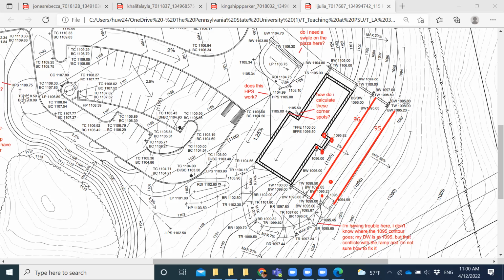You don't need to be that high. You can just calculate a 2% slope. So if you want 96 to be here, then 95 can be somewhere here. Yeah, that's about it. So let's take a look at where we are here.